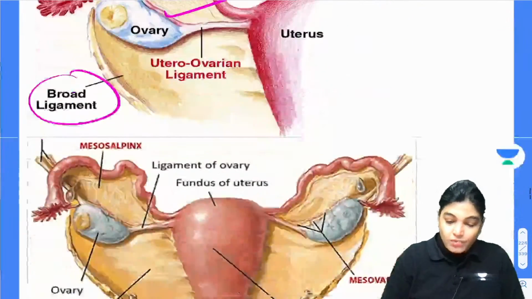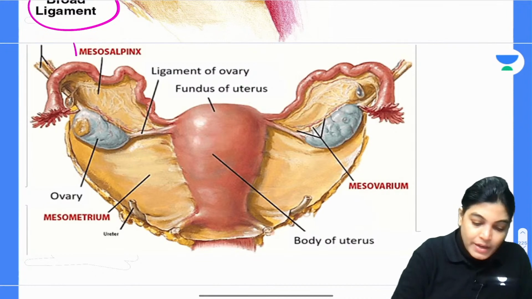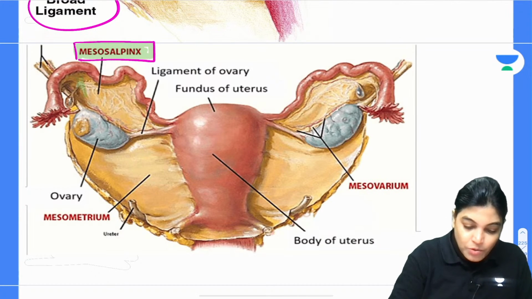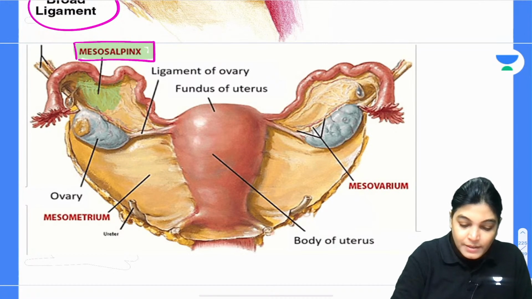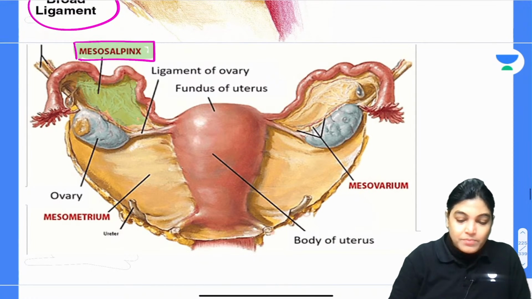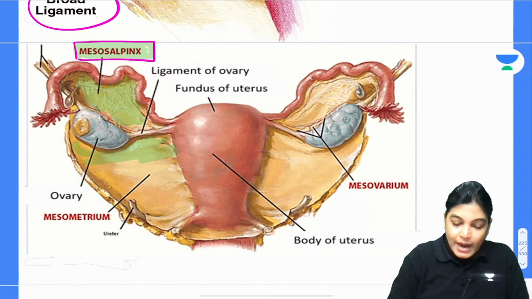The part of the broad ligament winding around the fallopian tube is called the mesosalpinx. See here, this is the mesosalpinx, the area of the broad ligament lying between the uterine tube and the ligament of ovary, extending laterally.